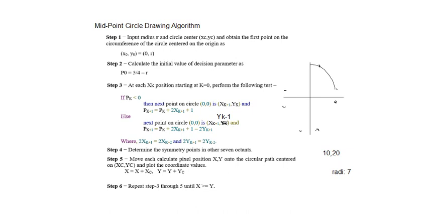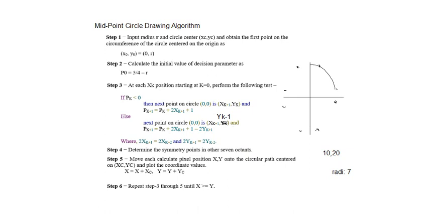I will get 1 point by my calculation, and then through symmetry I will find 7 other points in the other 7 octants.